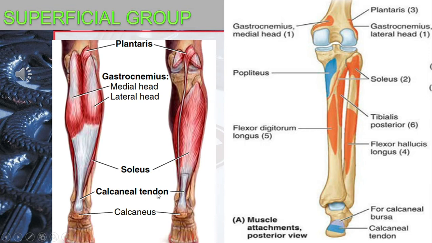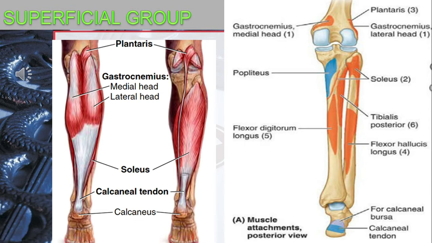Discussing the origin, you can observe here that the lateral head of gastrocnemius arises from the lateral aspect of the lateral condyle of the femur, while the medial head arises from the popliteal surface of the femur and the medial condyle of the femur.